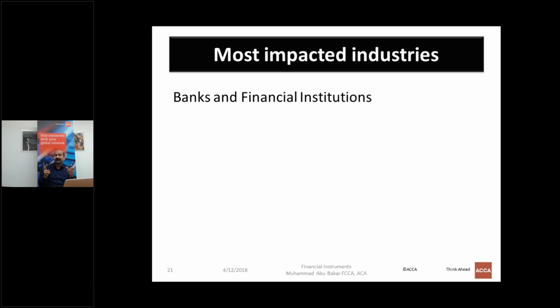This is a huge amount which is going to hit your profit in the first year of the adoption of IFRS 9. This will send a negative wave to the stock market, because especially for banks and financial institutions, their profits are going to be hit very badly.